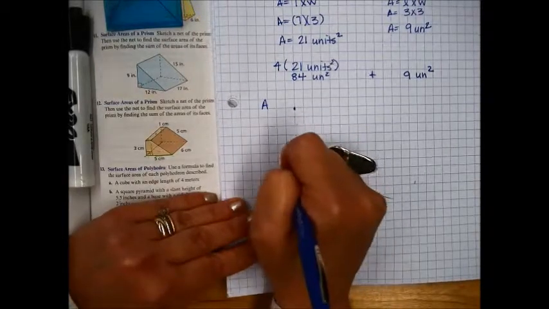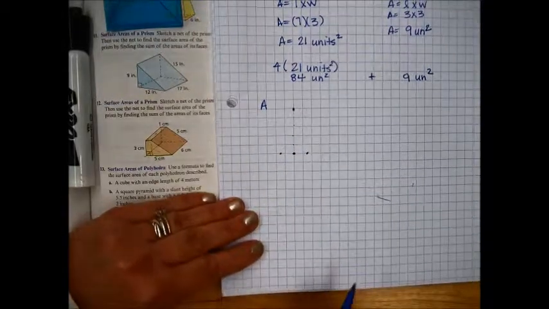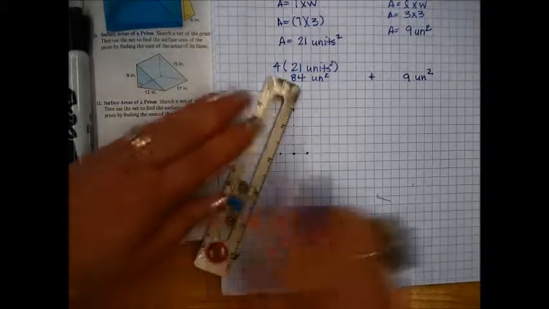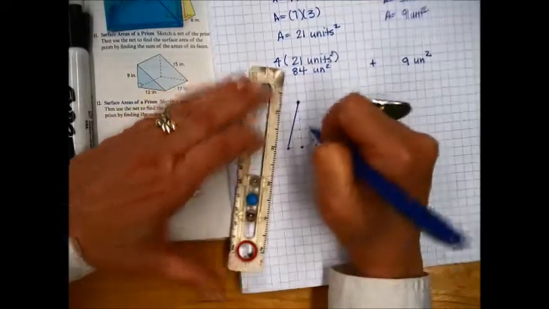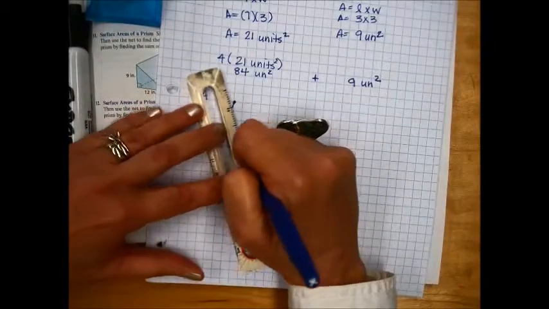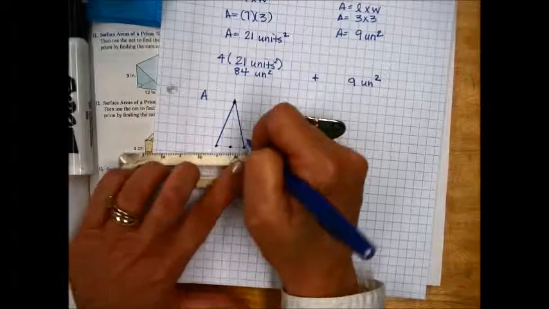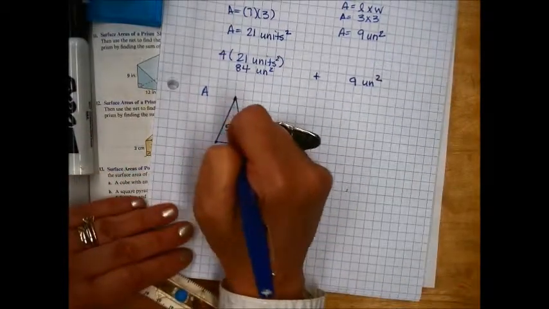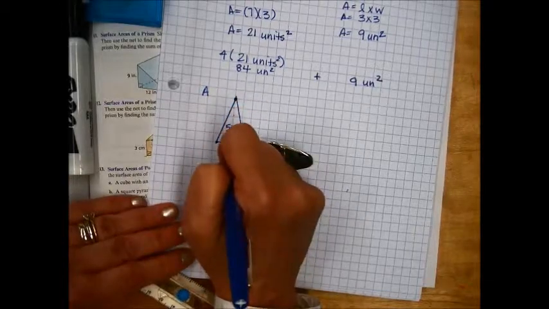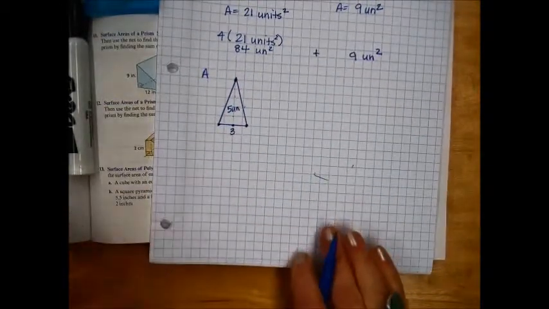I kind of got to split this 1.5. You see how that makes my 3? So there is my height. That's just to draw it kind of accurately. We could have just labeled it without trying to draw it perfectly. Alright, so we know it is 5 units high. It is 3 units wide.